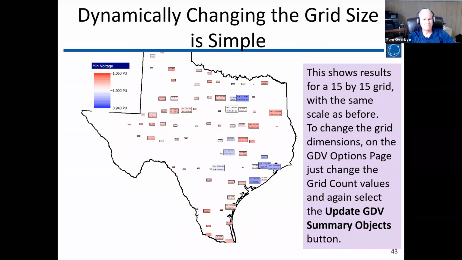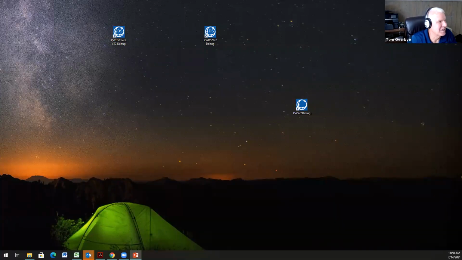What I did here is I went in and I right-clicked on an object. I opened up the GDV summary dialog, and I grouped them using a 15 by 15 grid instead. Okay, and let me see if I can show you that.